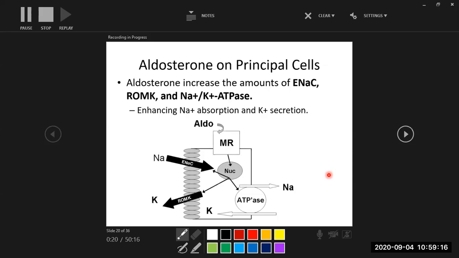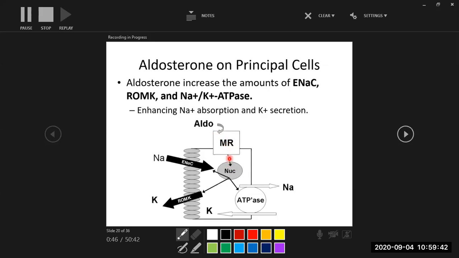And here is where aldosterone acts. It acts on the principal cells in the collecting tubule and collecting ducts. Here is the mineralocorticoid receptor, because aldosterone is a mineralocorticoid hormone.